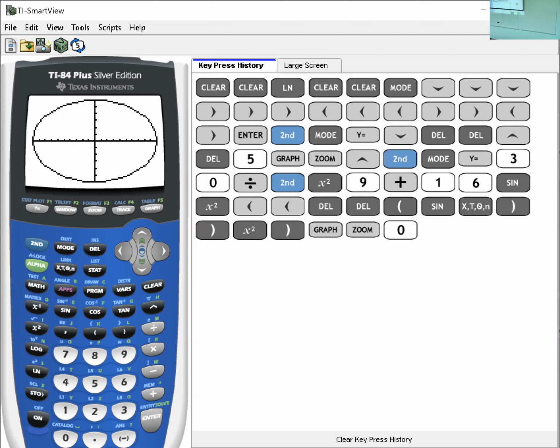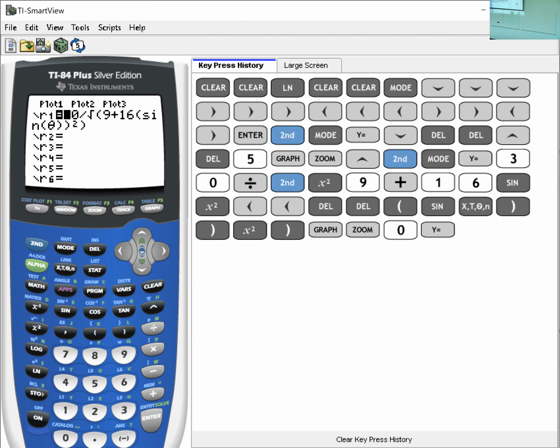What do you see? Not a perfect circle, but sort of stretched, right? It is an oval. Let's see.